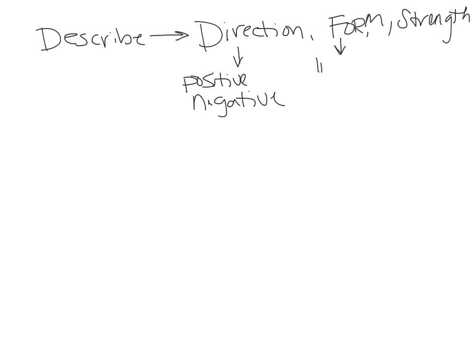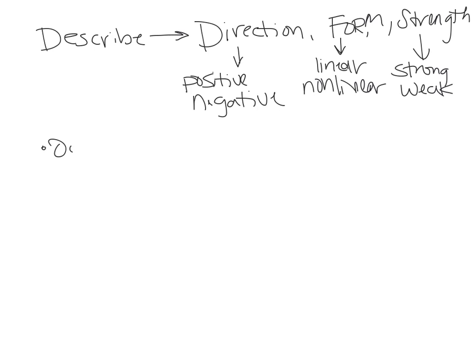Form will be linear or non-linear. And then strength will be some form of strong or weak. We might say moderately strong, moderately weak, something like that. All right, and then the second dot is we have to talk about outliers.